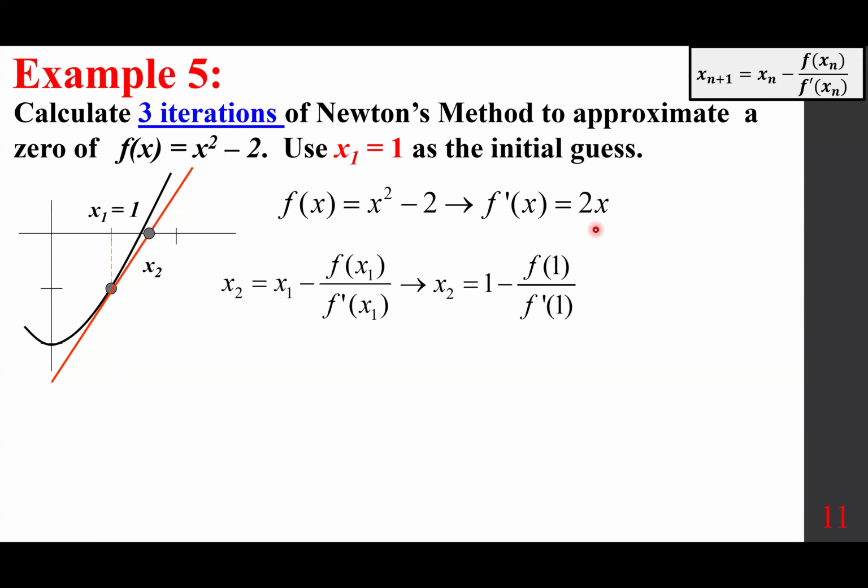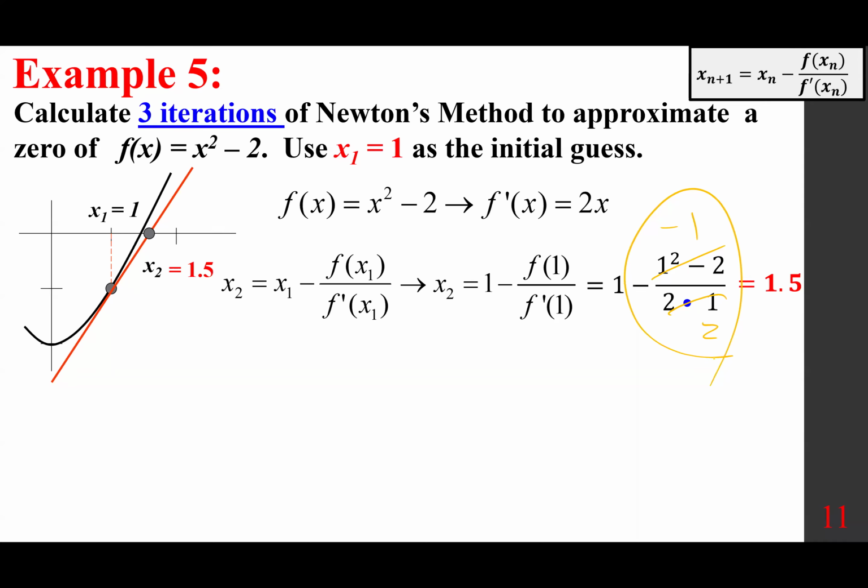What is f prime of 1? 2 times 1. This is negative 1. This is 2. This is positive 1/2. So we get 1.5 or 1.5. So that means x sub 2 is 1.5, everybody.